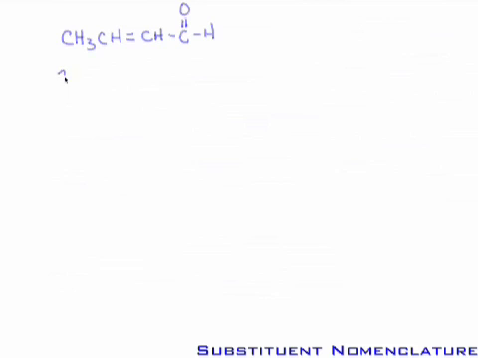In other words, a 2-butene, or but-2-enal. So I have an aldehyde with an ene at carbon 2. This molecule has a special name that you need to know as a common name. Memorize. Crotonaldehyde.